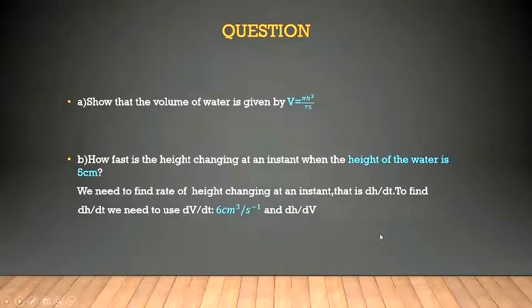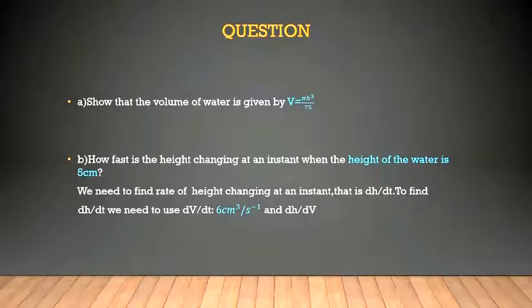For question A, show that the volume of water is given by V = πh³/75. To solve this problem, we need to use differentiation to show that the volume of water is V = πh³/75. B, how fast is the height changing at an instant when the height of the water is 5 cm?